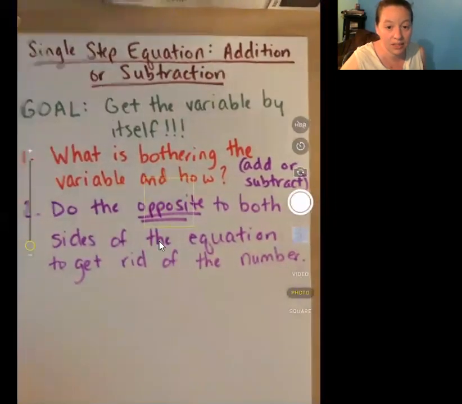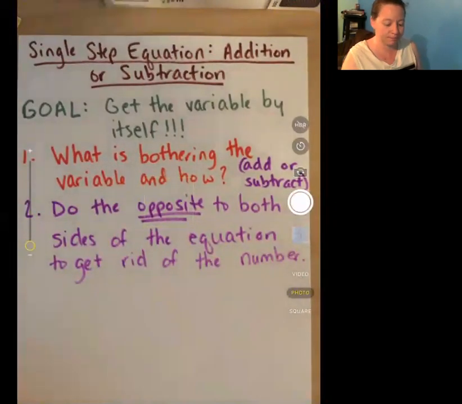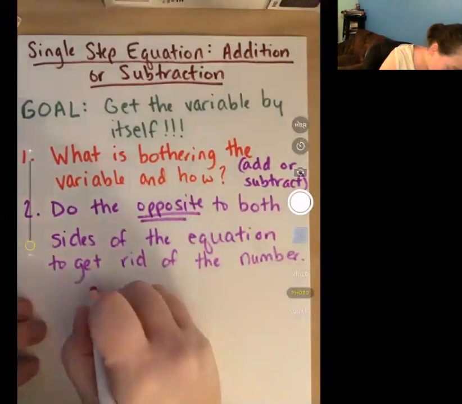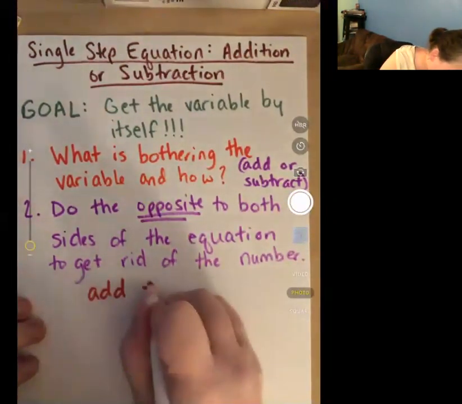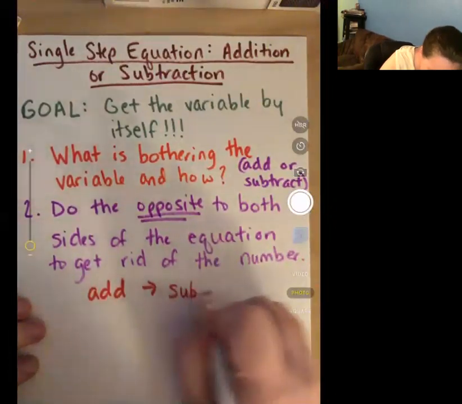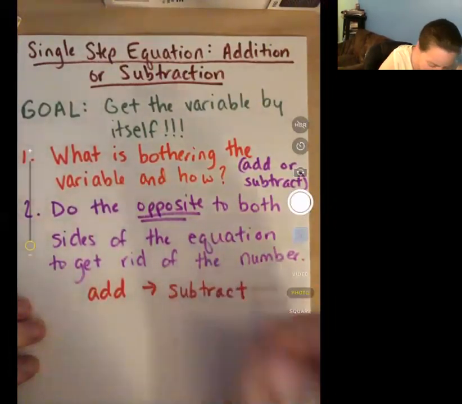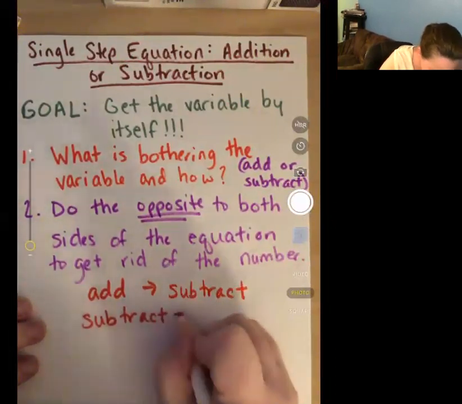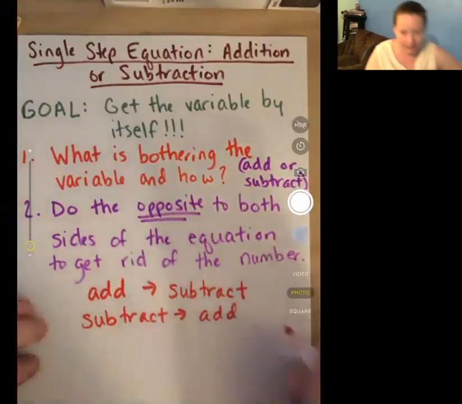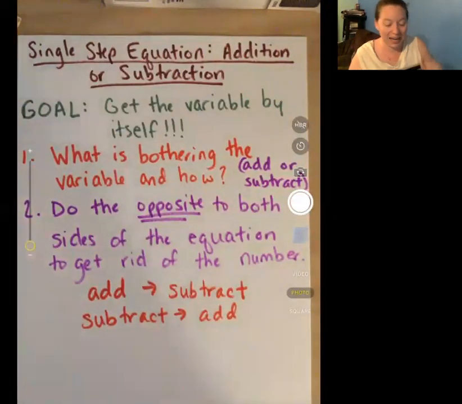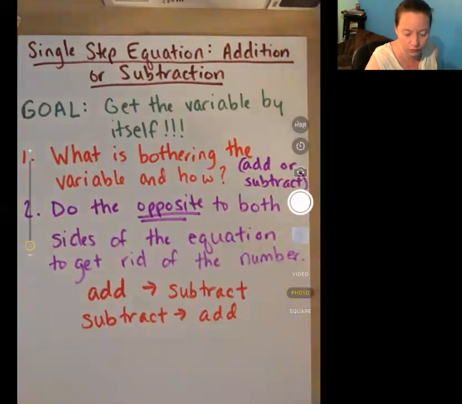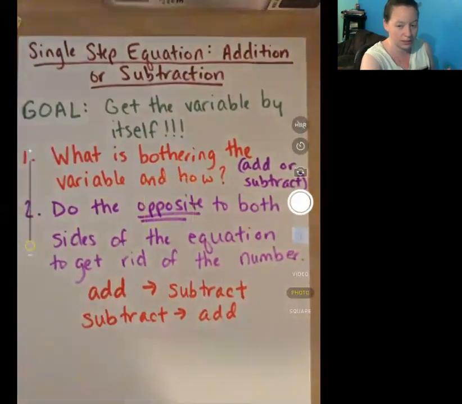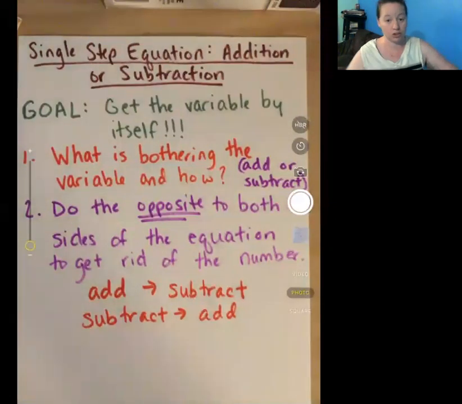That means that if it was addition, you subtract it from both sides. If it's subtraction, you add it to both sides. So I know, this gets a little bit confusing. Let me put one example on this page and then we'll flip over to another page and do some more examples.